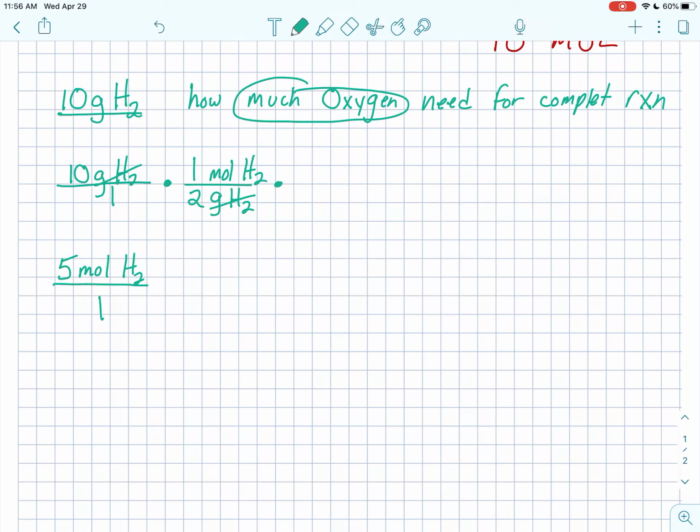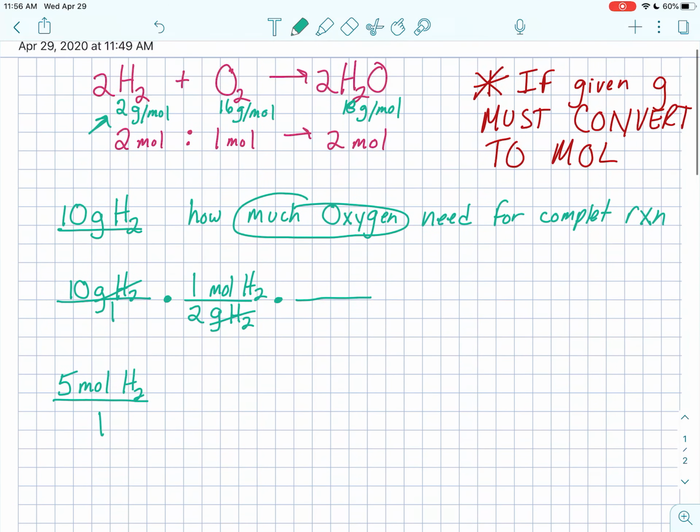So now I have moles of hydrogen. I need to figure out how many grams of oxygen it is. But like I said, you can only compare moles. You can't go from moles of hydrogen to grams of oxygen. So I'm going to use my mole ratio. My mole ratio is what I get by using my balanced equation.